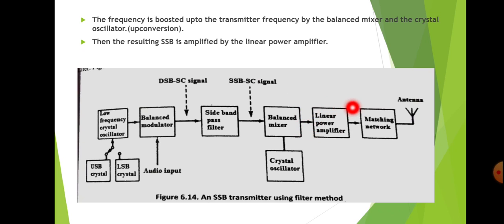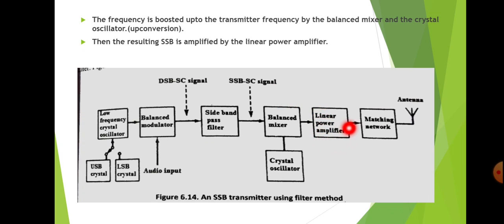And for long distance transmission we have to increase the power of the signal. For that we amplify the signal using a power amplifier. That means the signal magnitude will be increased by using this linear power amplifier, and this power amplifier is for transmission purposes. We are producing this SSB signal for long distance transmission, and for that we need to increase the amplitude or magnitude of the signal.